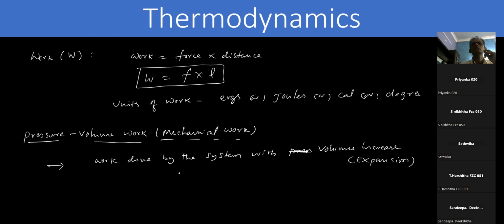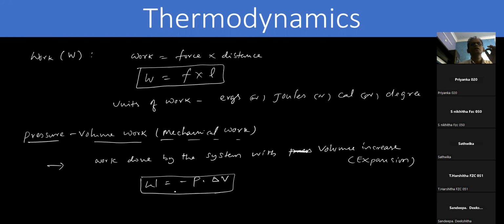An increase in volume gives expansion in the system. It is expressed as W equals minus P delta V. Work done by the system can be expressed with this formula. You remember this formula, which is very, very important. Work comes from pressure volume. If there is a change in volume, that gives us work.